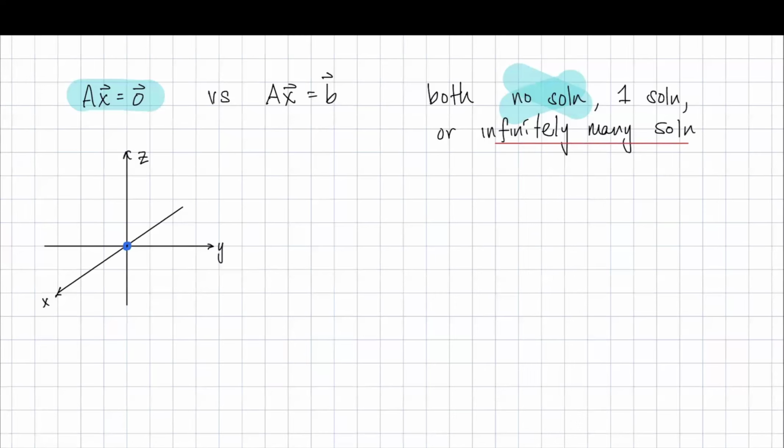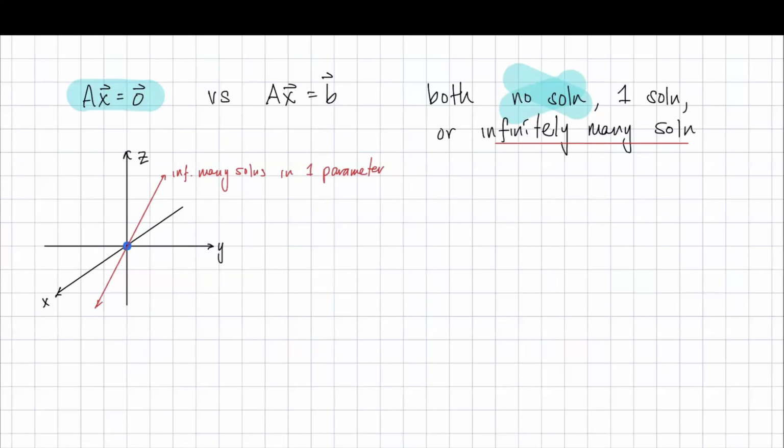system. However, as we go up in dimension, one possibility would be a solution set that's a line. And that line would have to go through the origin. So this would be infinitely many solutions in one dimension or one parameter.